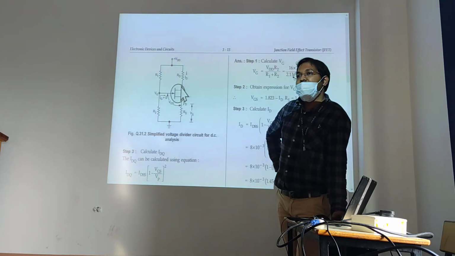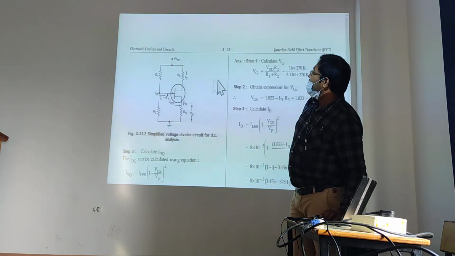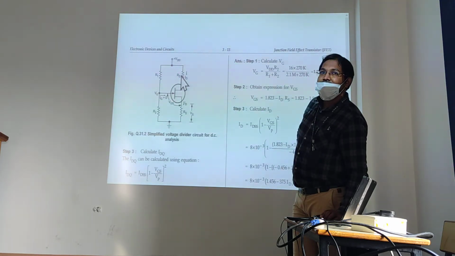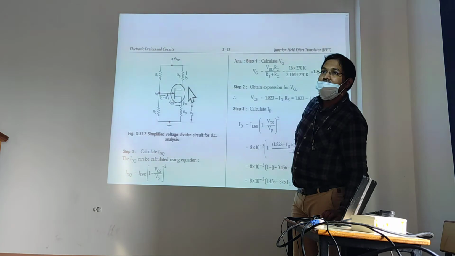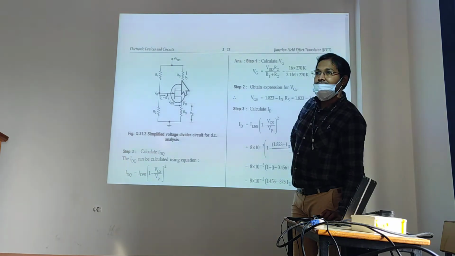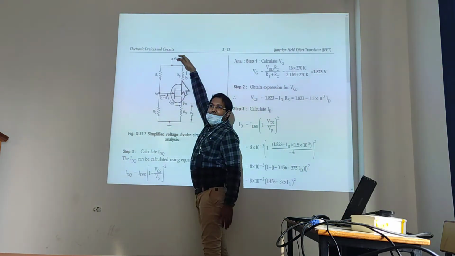You do VDS plus VS, or VD will be how much? VDD minus ID RD. Clear? This voltage is ID RD. Total is VDD.